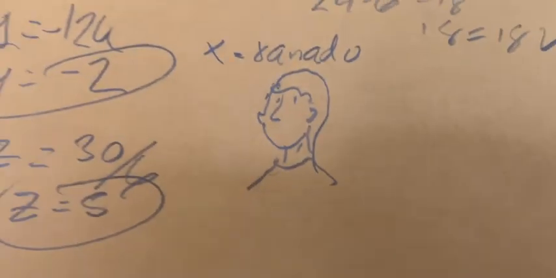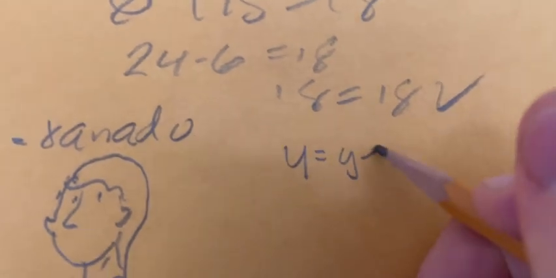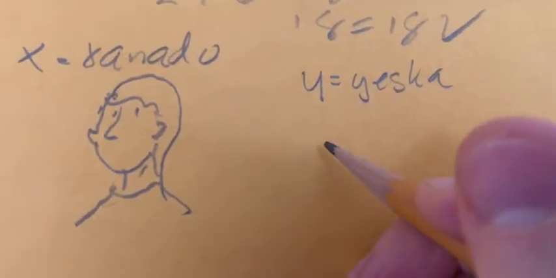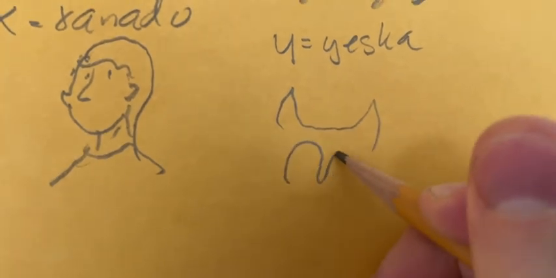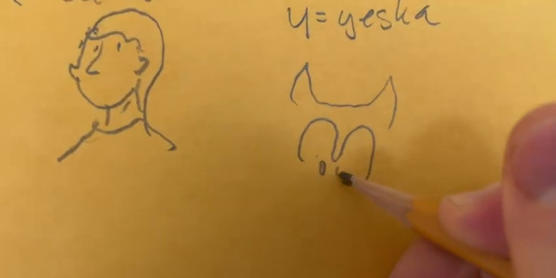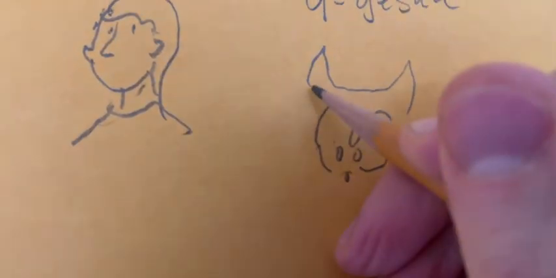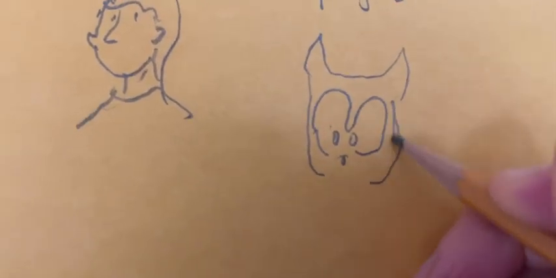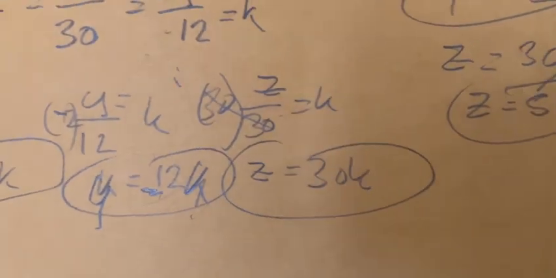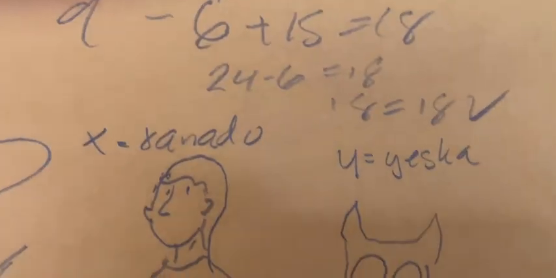Boring. Okay. Y. Y is Yeska. Alright, good. Z. Z is Zoomba.